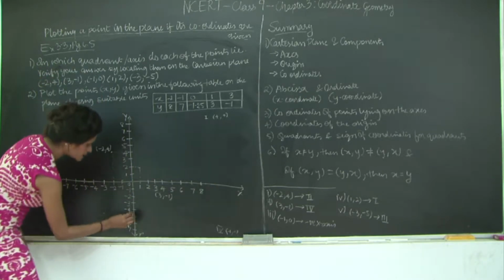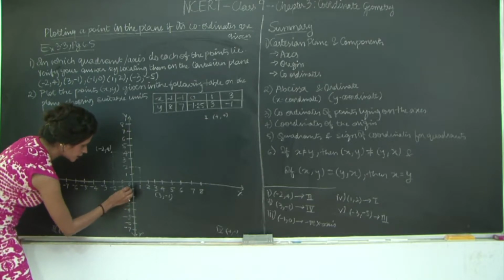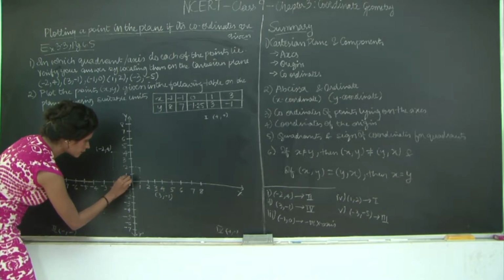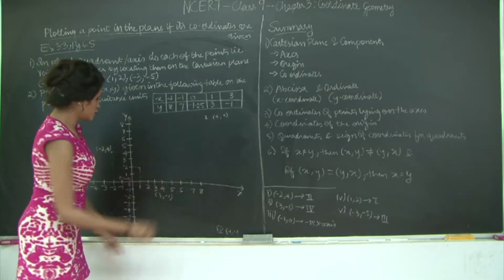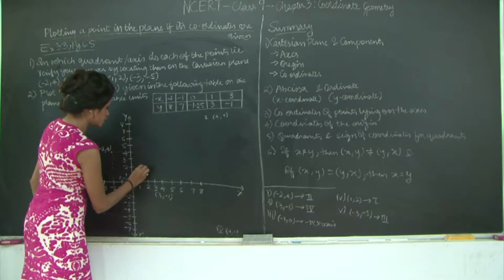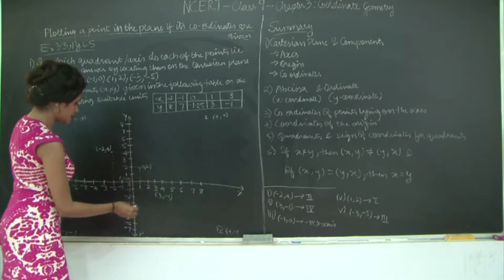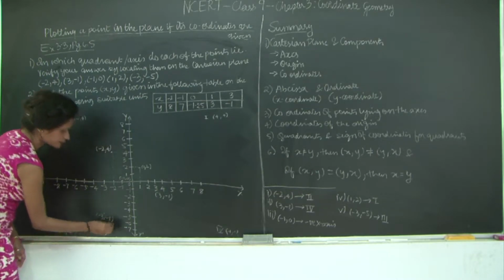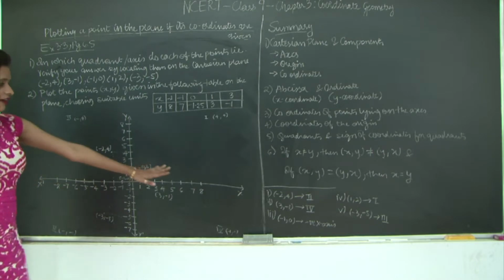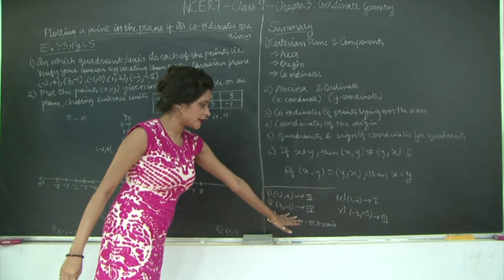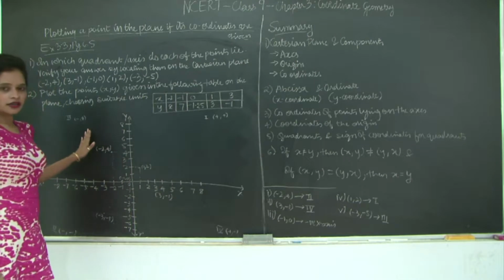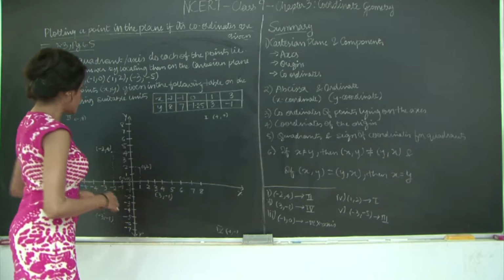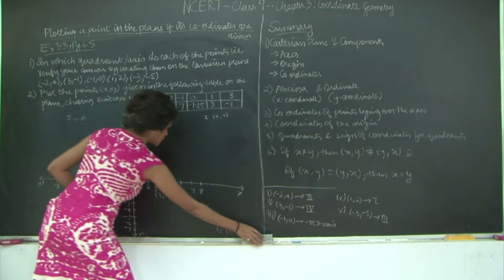Then we had (-1, 0), which is this point. (1, 2), this is (1, 2), and finally (-3, -5) is this point, right. So we have verified that these quadrants that we have mentioned are correct by plotting them on the Cartesian plane. Now let us go ahead and solve the second question, but I'll just erase what we have solved here.